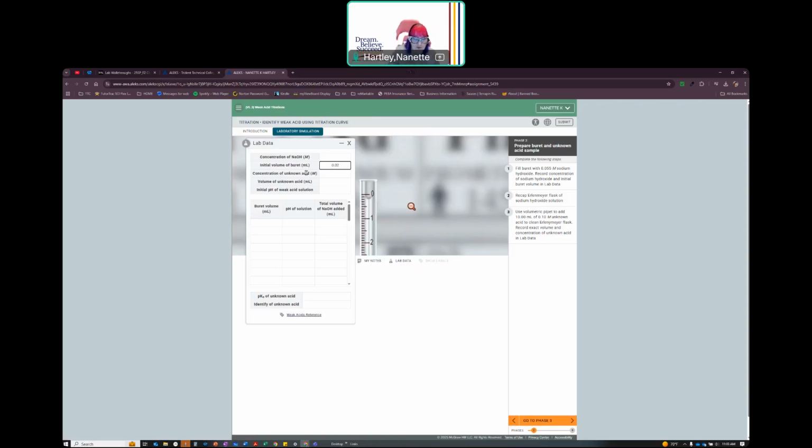This concentration, it gave me 0.055. That was on the bottle. I don't know what my concentration of my acid is yet. Oh, wait, it does tell me. It says 0.10, but it's not going to let me write it down.